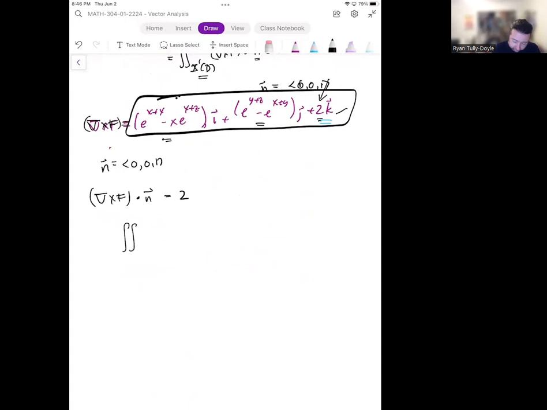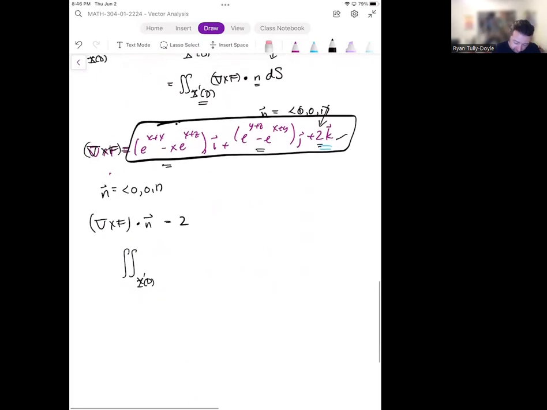The double integral over the surface, parameterization of the surface, of 2 dS. And that's just equal to 2 times this integral, which is just the surface area, just area.